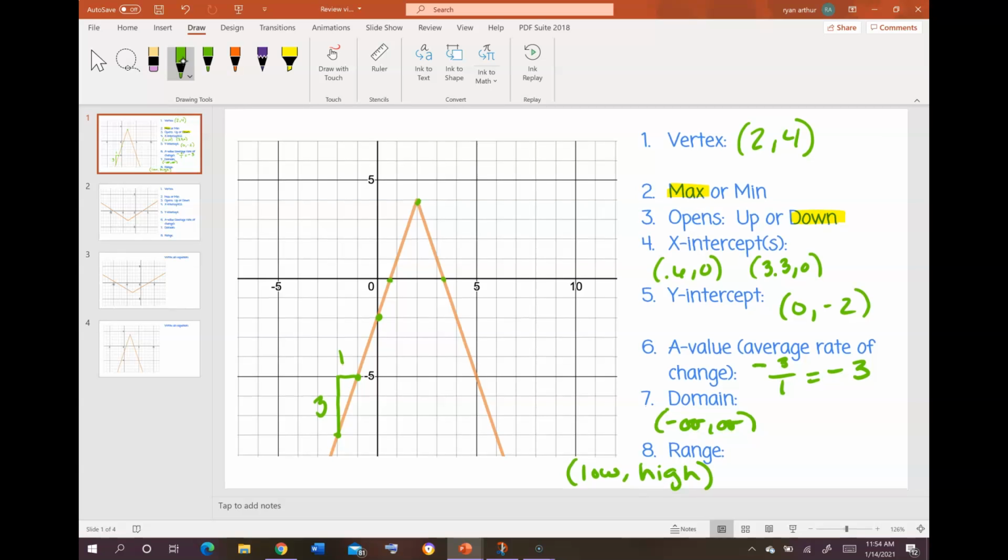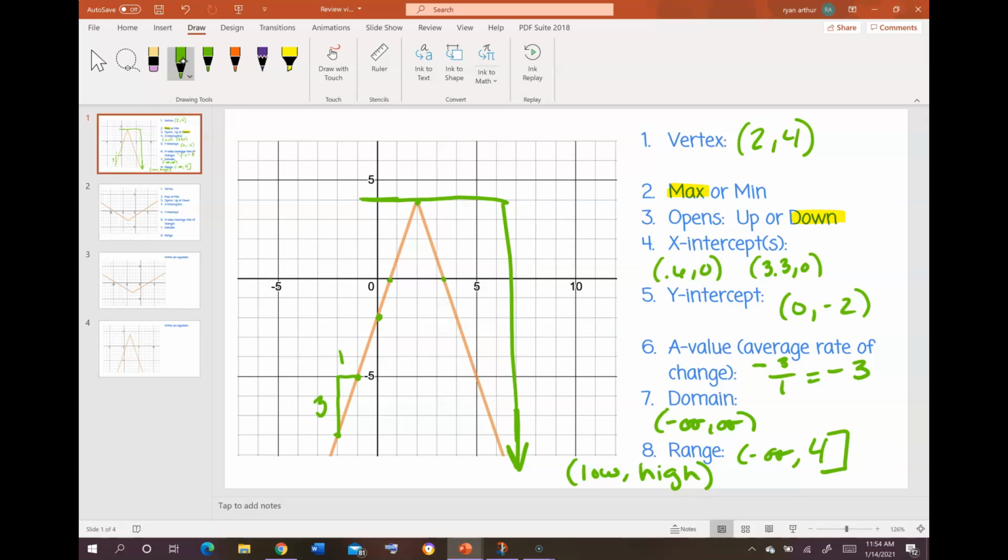It's always the low number to the high number. So this graph goes as low as -infinity because it's going off the graph, and it goes as high as right here, which is 4, and that gets a bracket. I also saw people not putting brackets on the numbers for the absolute value. If there's no open circle, there's a bracket for the number.